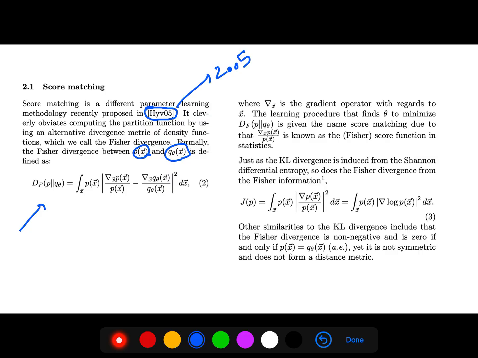This gradient is the gradient with regard to x. The learning procedure finds theta to minimize this F, the Fisher divergence between two probability distributions. Just as the KL divergence is induced from Shannon entropy, so does the Fisher divergence come from Fisher information.